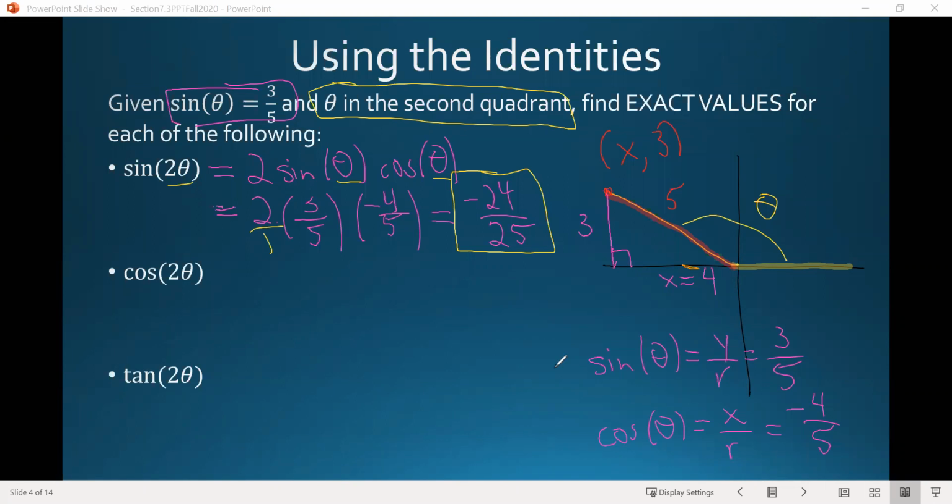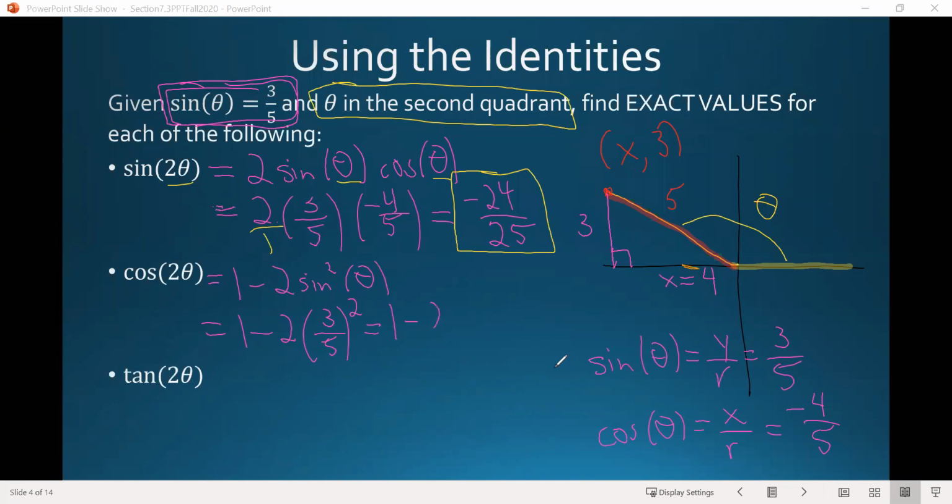But since we were given the sine of theta to begin with, I'm going to use the one that only uses sine of theta, and that was the 1 minus 2 times sine squared of theta, which again, we know the sine value, so this would be 1 minus 2 times 3/5 being squared, which we then can work out.